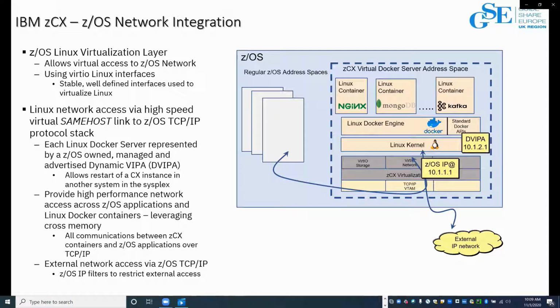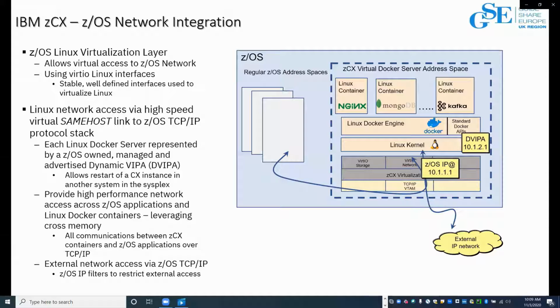All communication between a Docker container running in zCX and an external endpoint occurs over z/OS's TCP/IP stack. The z/OS TCP/IP stack communicates with the zCX instance over a virtual same-host link. There are two network types that are used for communicating with Docker containers. For endpoints that reside in the same z/OS system as a container running in zCX, a high-speed cross-memory virtual network is used for communication.